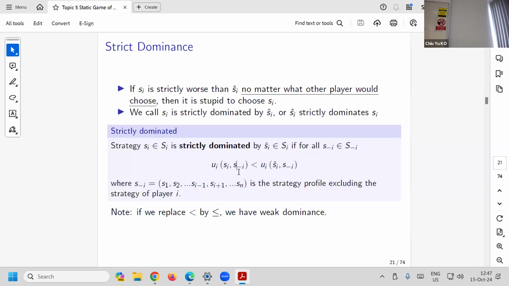The reason we introduce this in our game theory class is that experiments do show that Nash equilibrium might be one of the best solutions, but sometimes it doesn't fit very well. So we want a less restrictive solution concept. And in this case, we have what is called strict dominance. And you notice that the rationality required is very low, right?